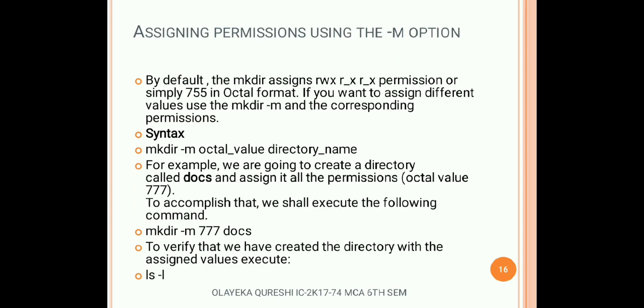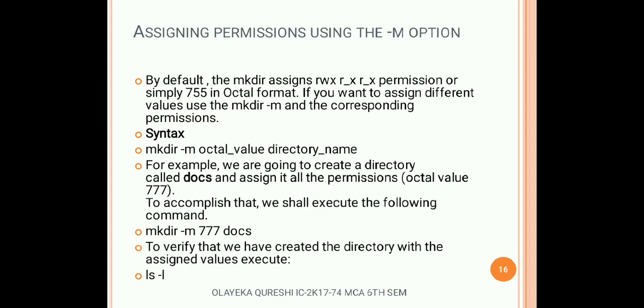If you want to assign different values, use mkdir -m and the corresponding permissions. Its syntax is mkdir -m octal value and directory name. For example, we are going to create a directory called docs and assign it all the permissions, octal value 777.